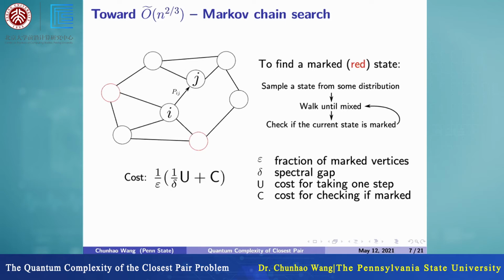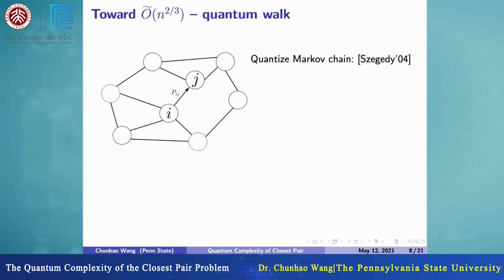Then for the quantum algorithm, we need to quantize the Markov chain. There are different quantizations, but we use the quantization proposed by Szegedy in 2004, which is the quantum walk. In this slide, I will define what the quantum walk operator looks like. For each vertex i, we define this psi_i as two registers.